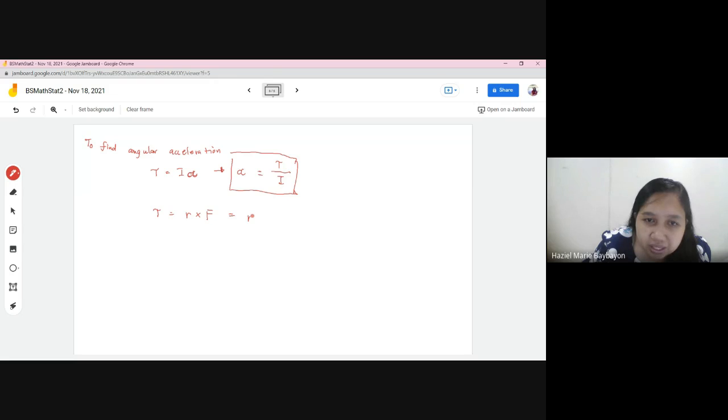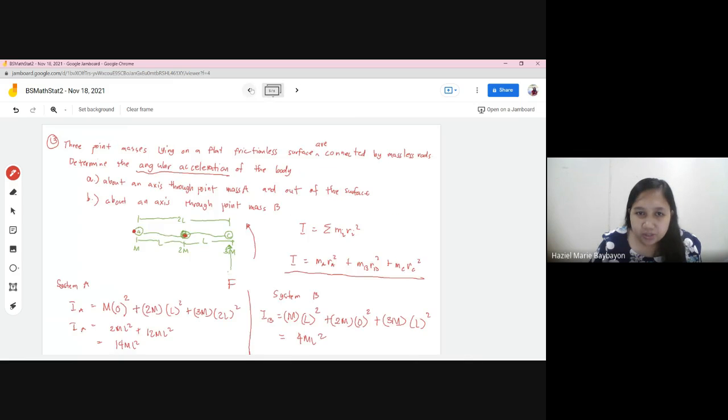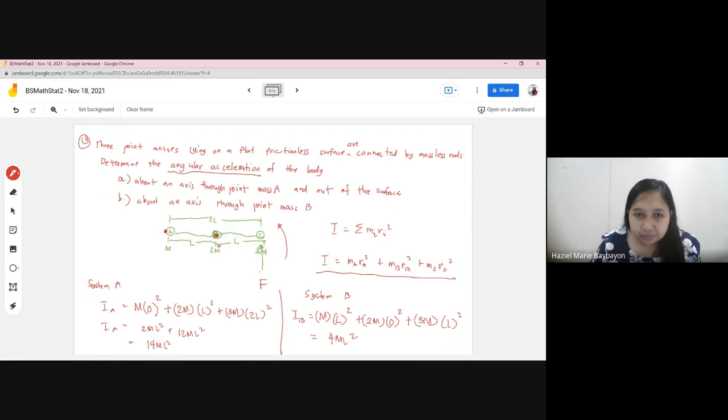In this case, it is perpendicular. So this is your R, and this is your force.